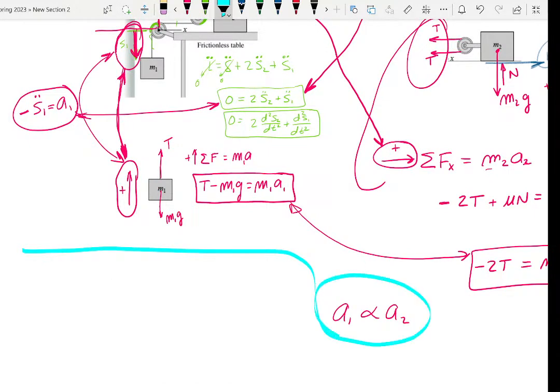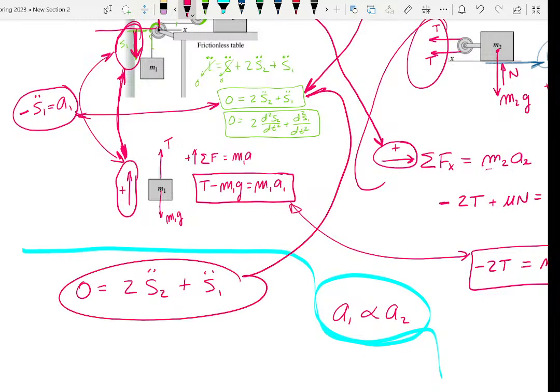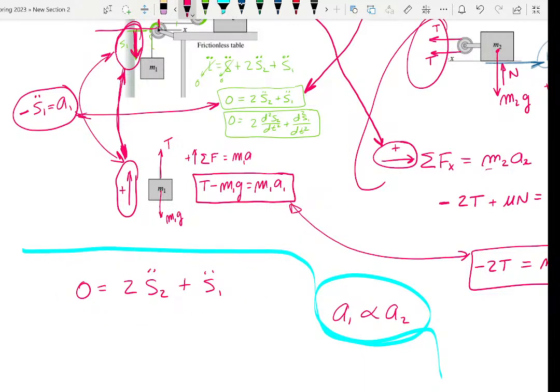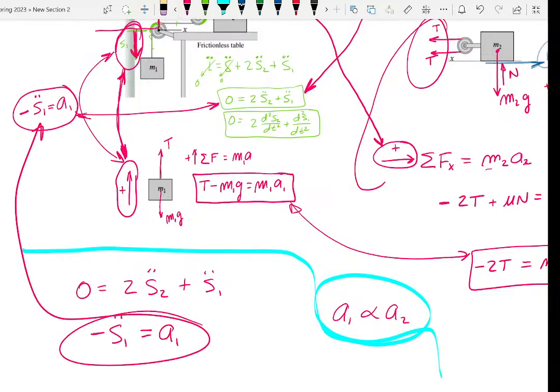So I've got the first equation which came out, which is 2 S2 double dot plus S1 double dot, that equation came from right there. And then I've got minus S1 double dot equals A1, and that equation came from right there.